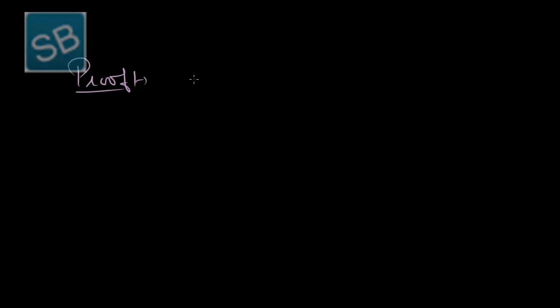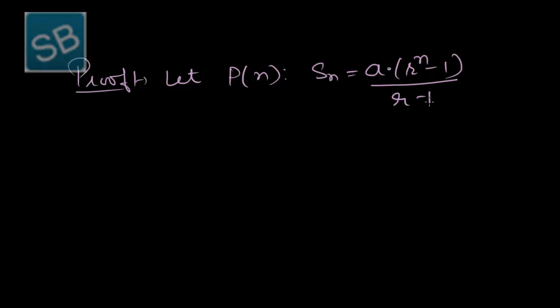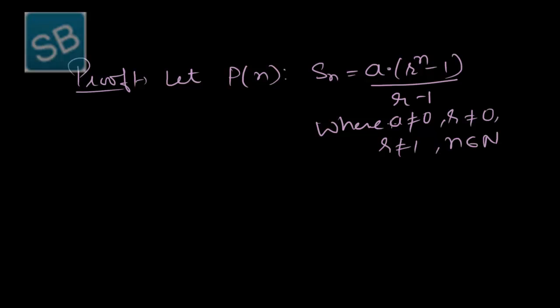So as we are going to prove the above result by principle of mathematical induction, thus we assume let Pn be Sn equal to A into R raised to power n minus 1 over R minus 1, where A is not equal to 0, R is not equal to 0, R is not equal to 1, and n belongs to N. And Sn is equal to n times A if R is equal to 1.